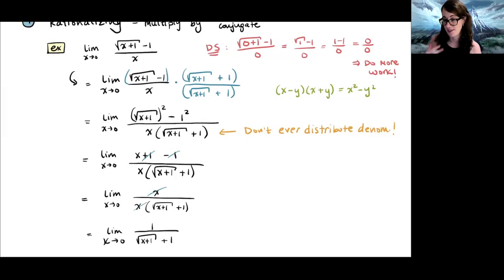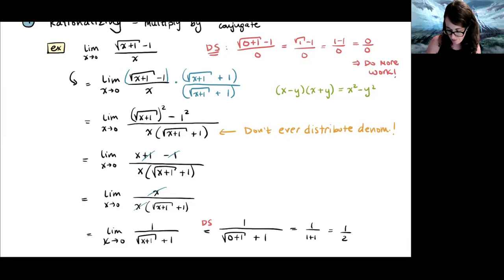So that hole is filled in. So now at this point, we can directly substitute in a 0 for x. Square root of 1 is 1, so this will just be 1 over 1 plus 1. And of course, that is 1 over 2. And so there's that limit.